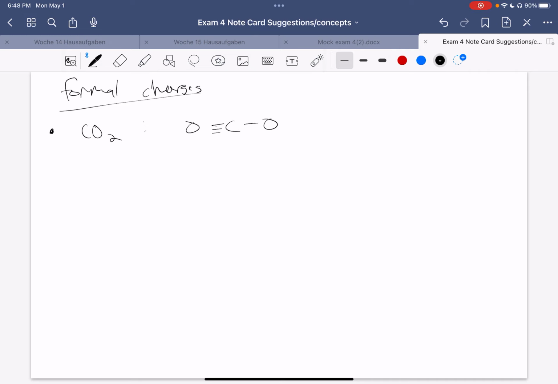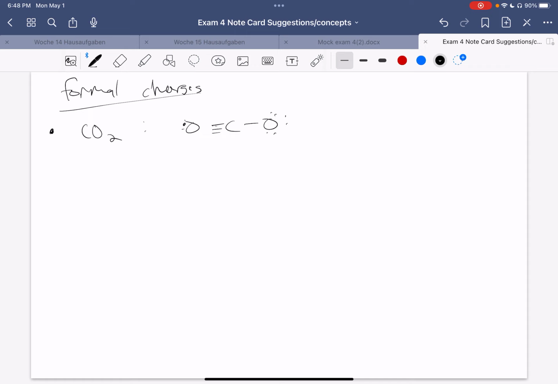1, 2, 3, 4, 5, 6, 7, 8, 9, 10, 11, 12, 13, 14, 15. Okay, so we use 16 total, which is how many valence electrons are available to us: 12 from the two oxygens and 4 from the carbon.